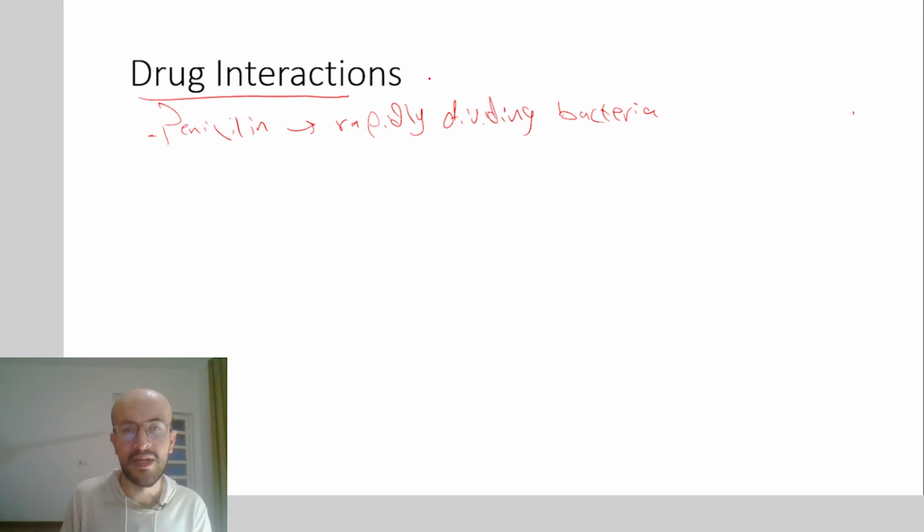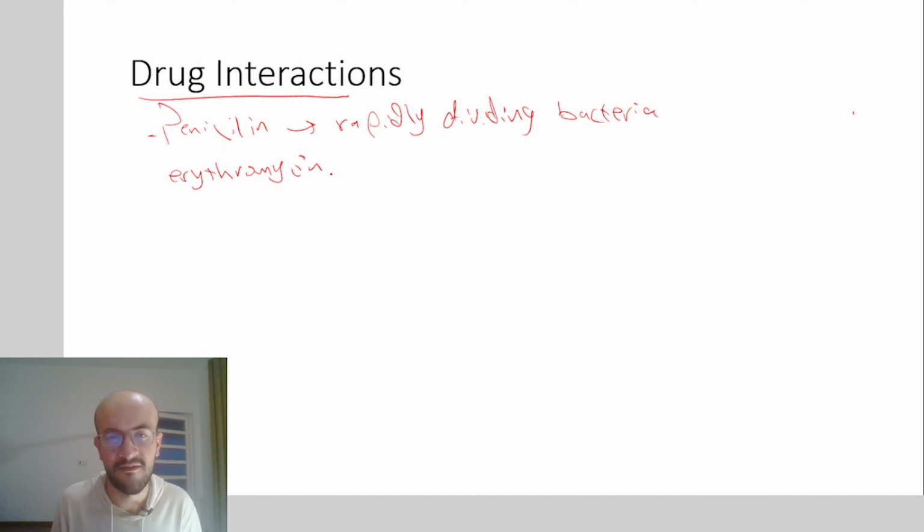But if the patient is taking another drug that is bacteriostatic, which arrests the growth of the bacteria, like erythromycin from the macrolides, this would lead to the penicillin losing its effect. Because the bacteria are no longer dividing, the penicillin loses its effect.